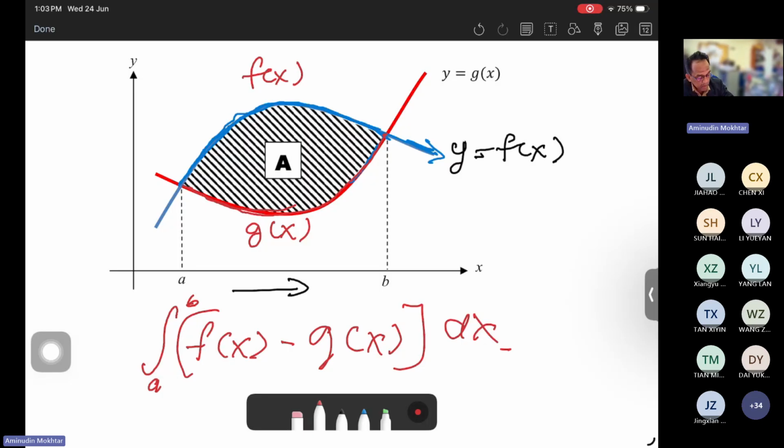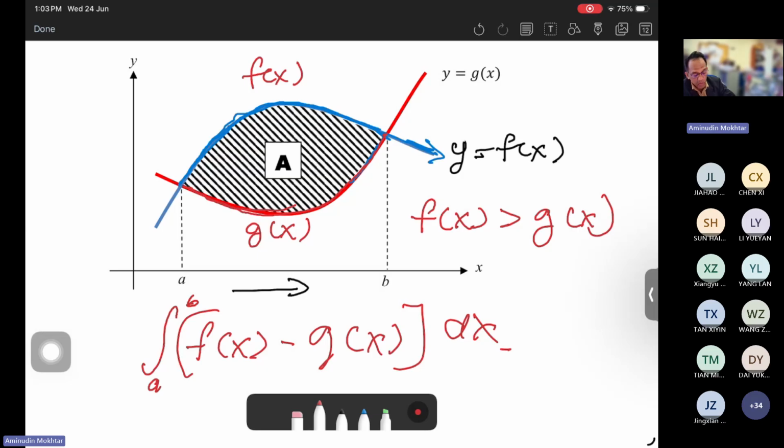Between x equal a and x equal b, f(x) is greater than g(x). The value of f(x) is greater than g(x) throughout the interval. So the difference between f(x) and g(x) gives the vertical distance between these two functions at each point of x.